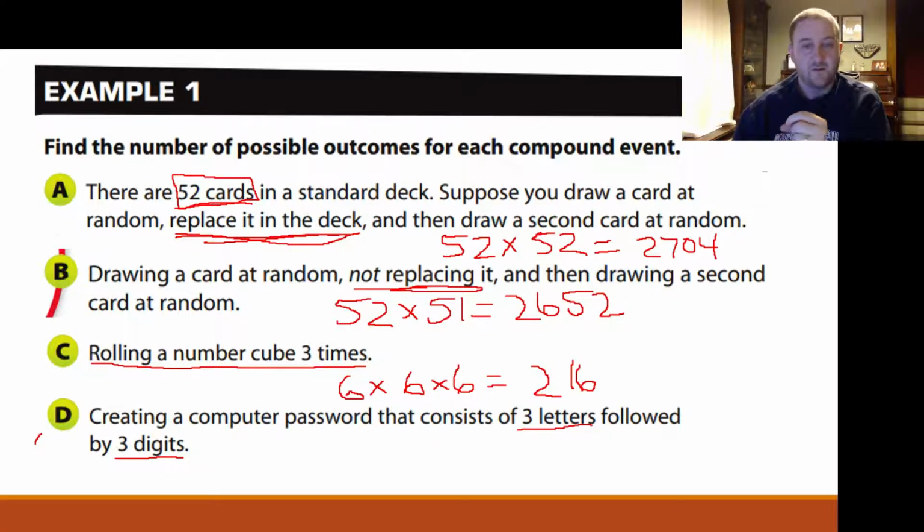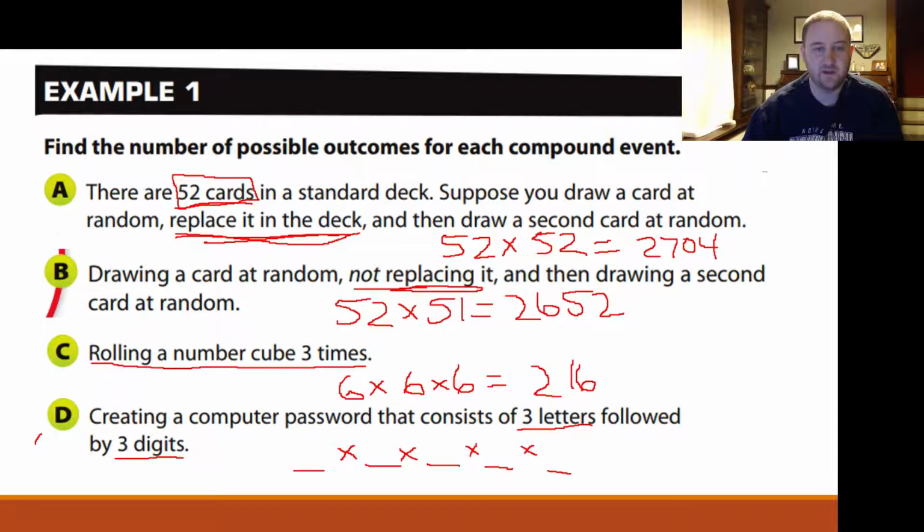Now, we want to know how many possible passwords we could have, right? So first, we're going to have something times something times something times our 3 digits. So these are our letters. The first 3 are letters.